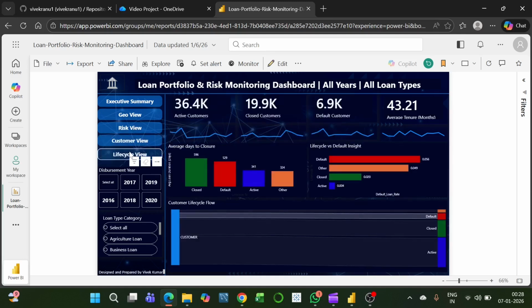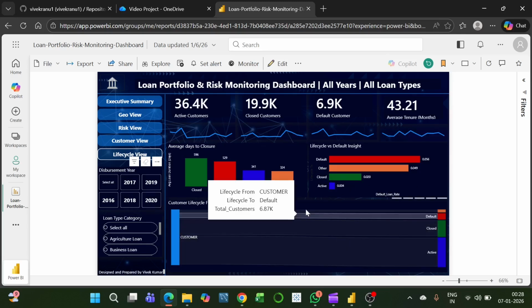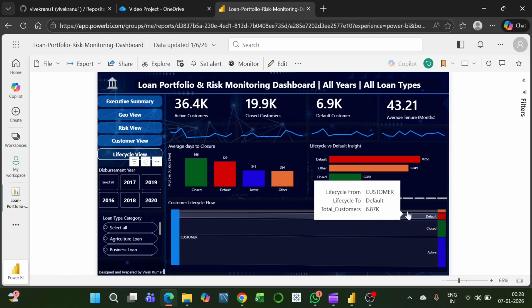This brings us to one of the most important pages, the loan life cycle view. Instead of looking at static numbers, this page visualizes how loans move through stages such as active, closed, delinquent, and default. Using a Sankey flow, we can clearly see how customers transition from healthy states towards risk states.